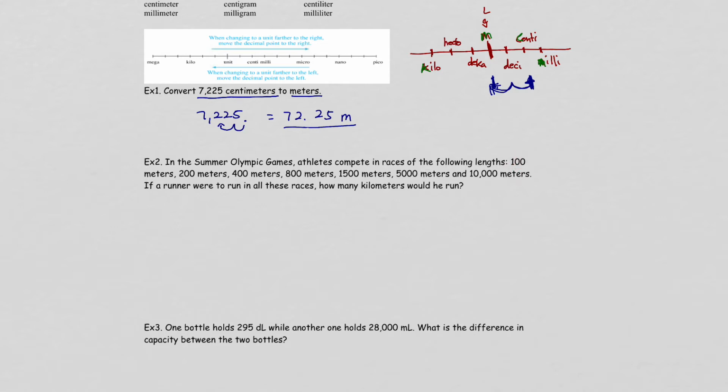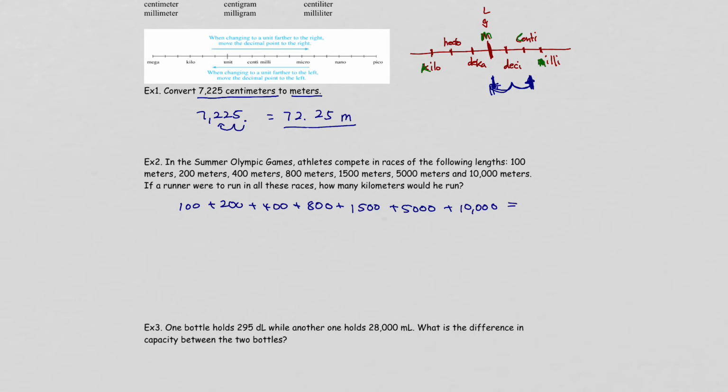The unit given was meters, but they want to find the total in kilometers. So let's find the total meters first, then we can convert that into kilometers. Adding all these: 100 plus 200 plus 400, 800, 1,500, 5,000, and 10,000.